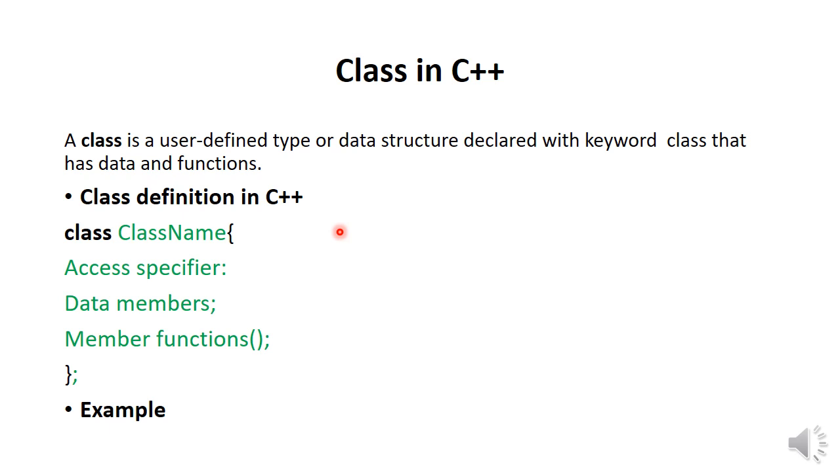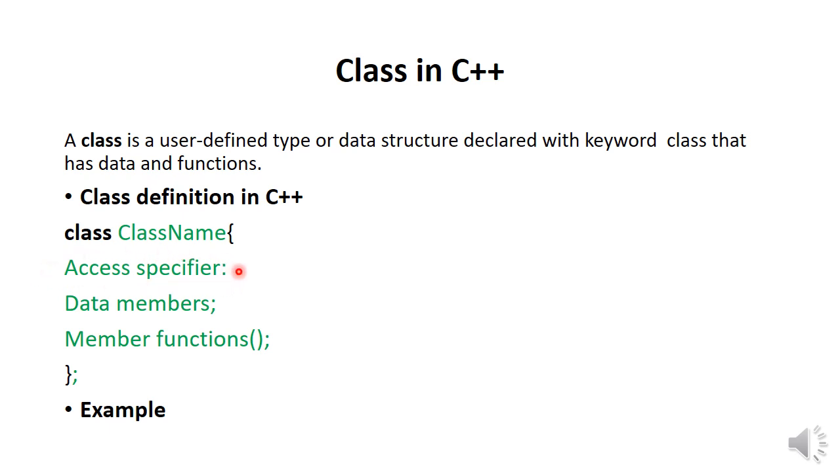Class definition in C++, or class declaration in C++. As you see, to declare a class we use the keyword class and also the class name. A class has both data members and member functions which are inside the curly brackets. But before declaring data members or member functions of a class, you have to start with access specifiers.